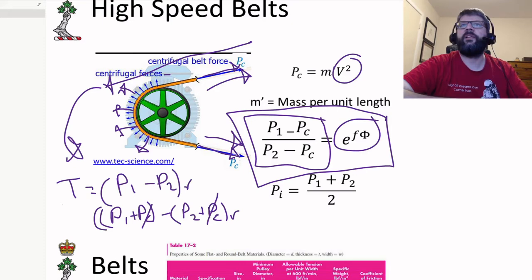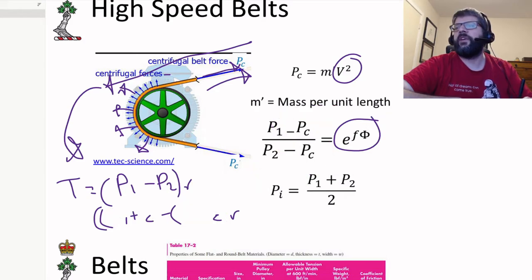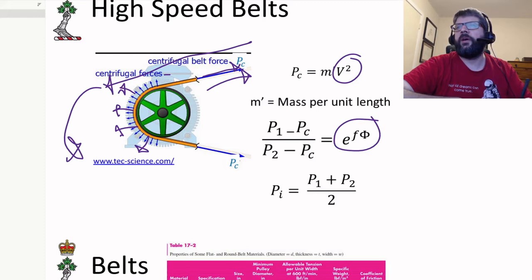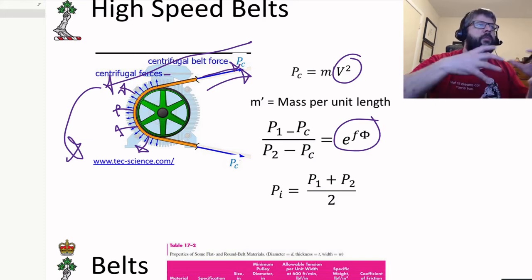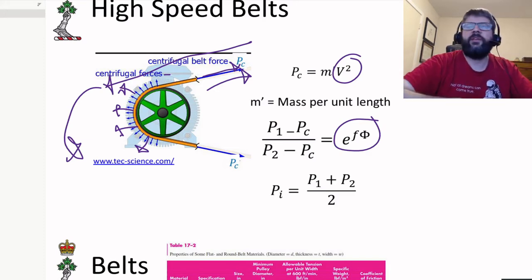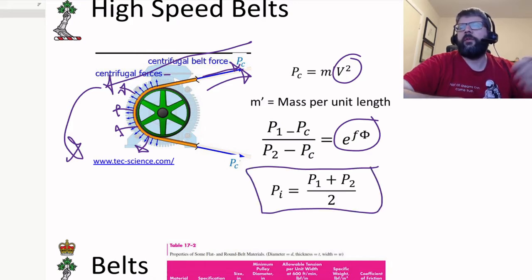It's also going to affect the initial tensioning that you're going to want to do, because basically you need to apply a bit more tension in order to overcome that tendency to pull away. So you need to start out a bit tighter, and you're going to end up tighter.